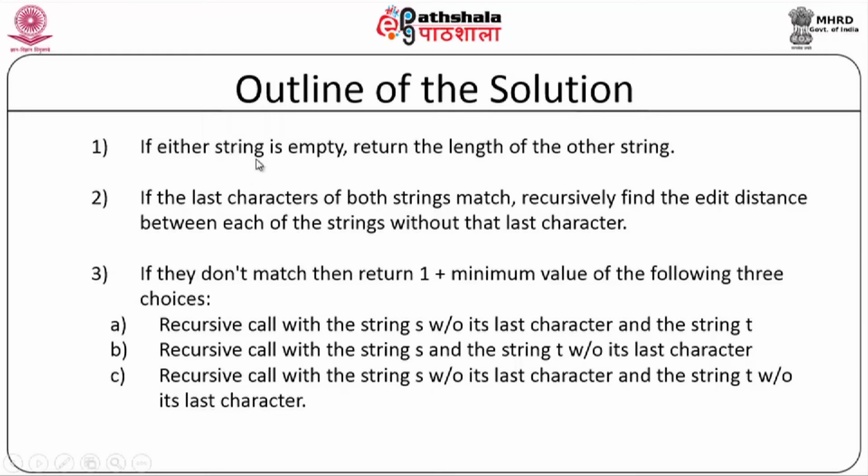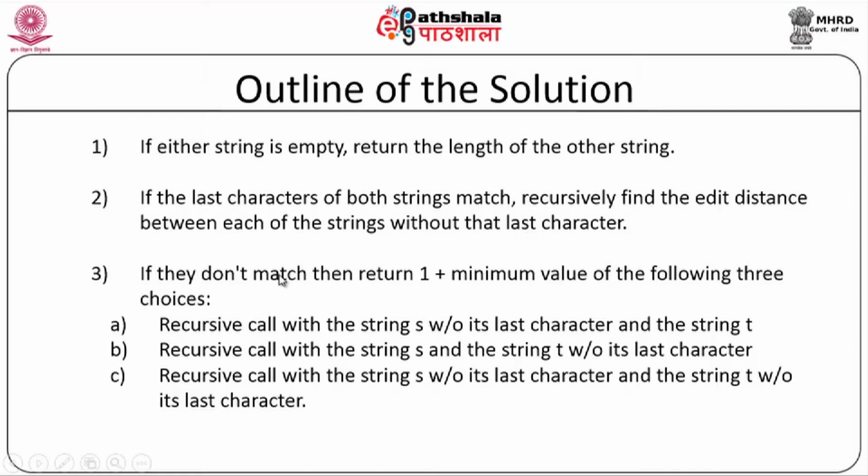If either string is empty, then the length of the other string is returned as the result. For example, if you have a null string and another string ABC, at least 3 operations are required to transform the null string to the string ABC. And if the last characters of both strings match, then we can recursively find the edit distance without the last character.